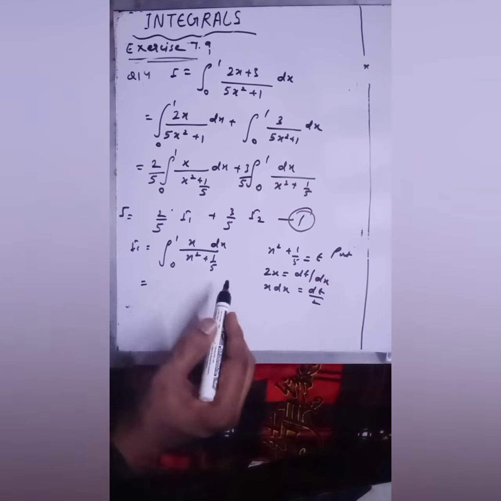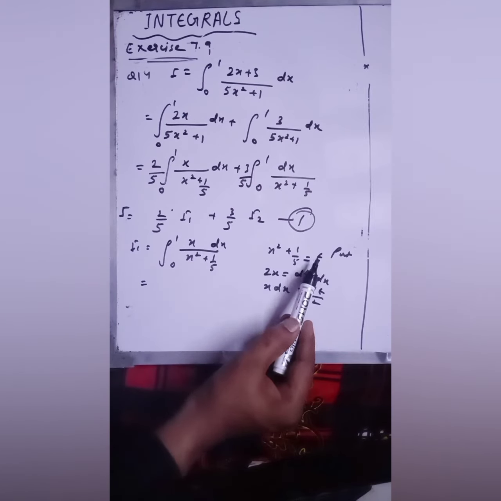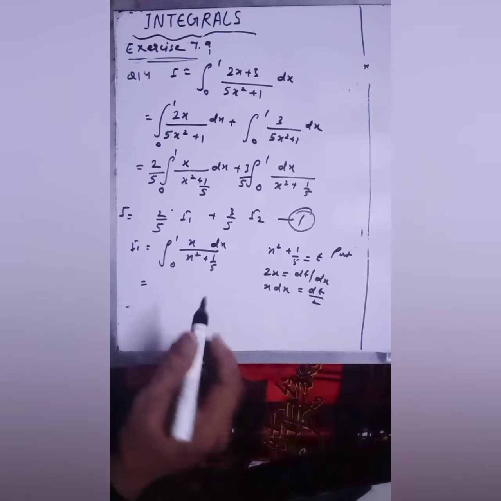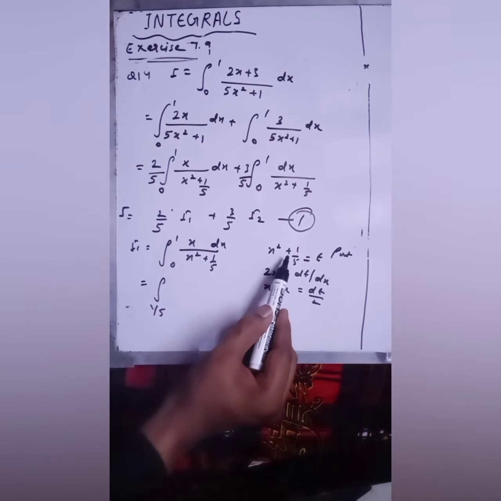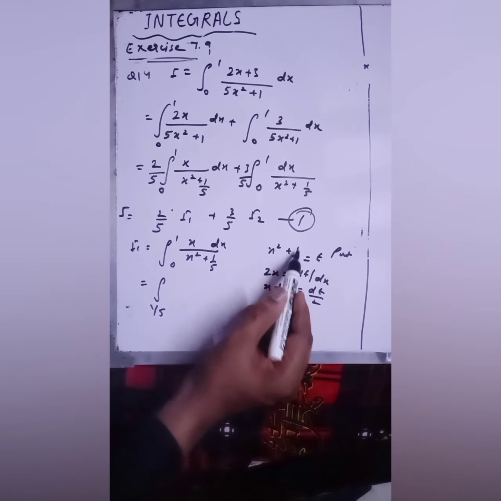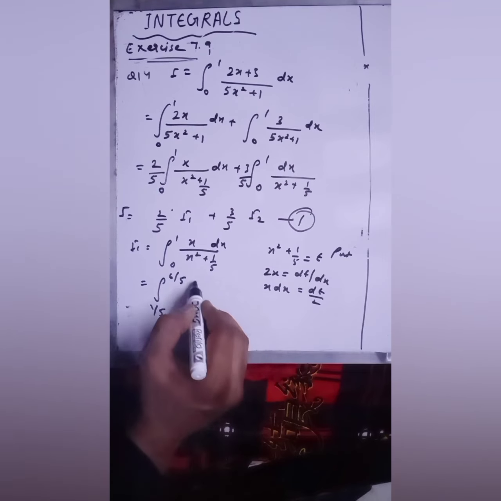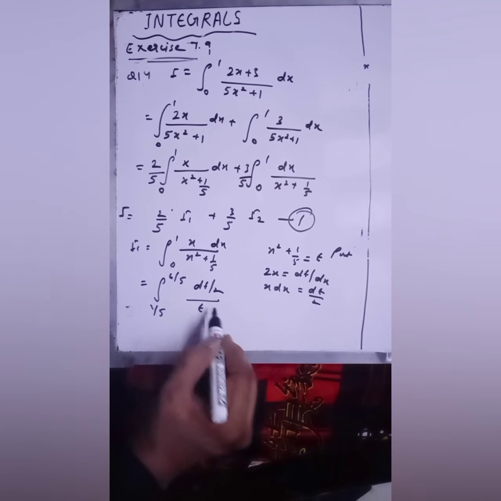Fine, so put this, and similarly if you are putting this equal to t, so you have to change the limits also. So I'm putting 0 here, so your t will be 1 by 5, and I'm putting 1 here, so this would be 1 square, 1 plus 1 by 5, that would be 6 by 5. Fine, so this is your dt by 2 over this is your t.